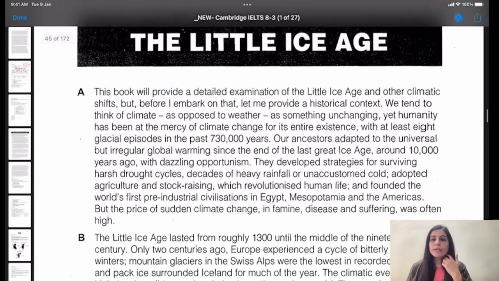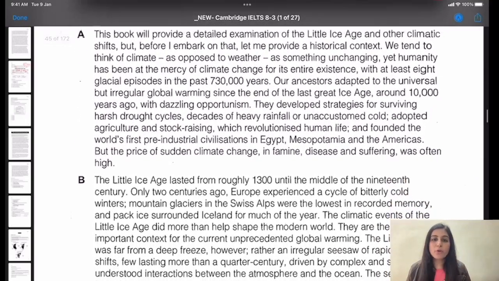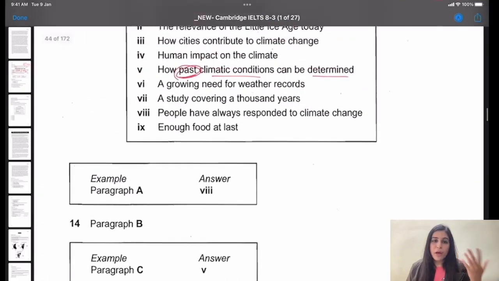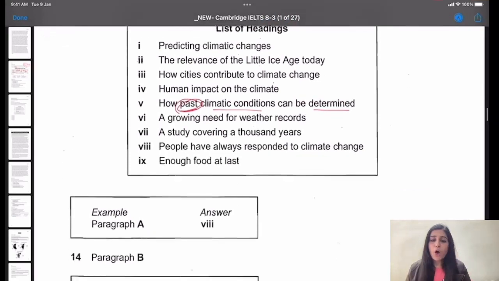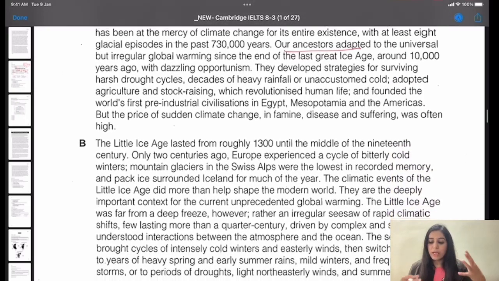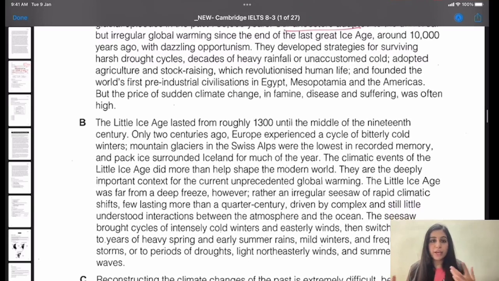So in the first paragraph, they're not talking about documentation. If you quickly glance through it, you see that they're just talking about how people have always responded to climate change, how our ancestors have adapted to universal but irregular global warming, and so on and so forth.